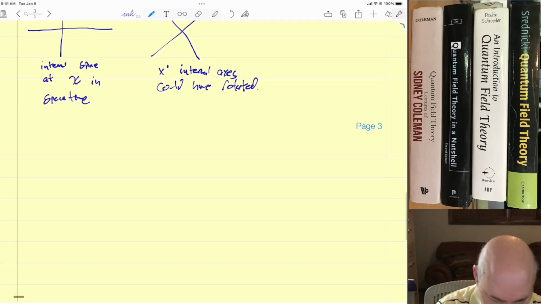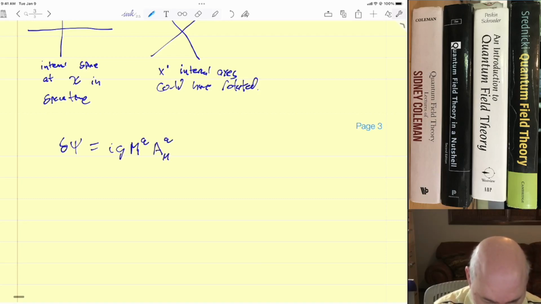And in general, you can write it as delta psi is equal to i g M^A. These are the generators of the group. A mu A is a new field we're going to introduce. Mu is the space-time part of it, and A is the index in the representation. Previously we were doing the vector representation, but it could be a spinor representation or an SU3 representation.